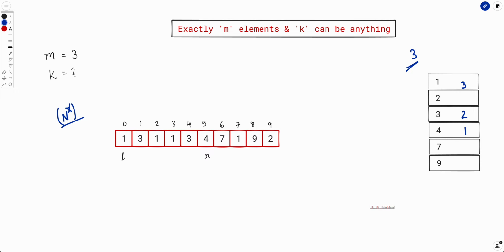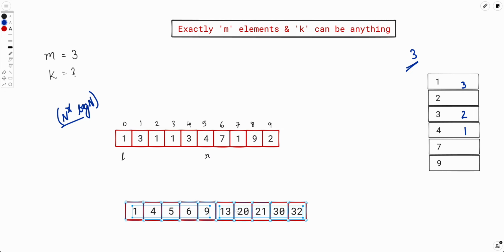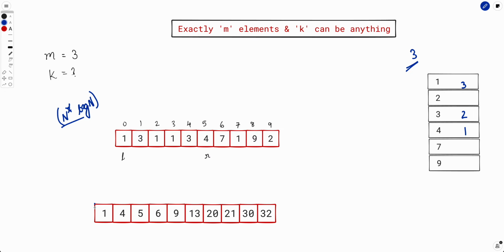In that case I will be able to replace this extra n with log n, because binary search takes log n time. And once we get R, I can simply maintain a prefix sum and find the sum of this range easily with the help of the prefix sum. So that can be one approach.